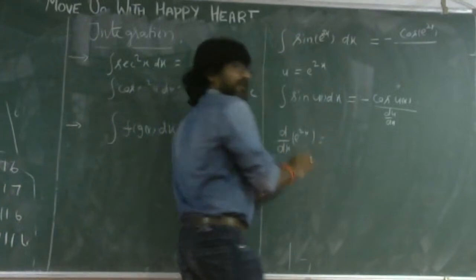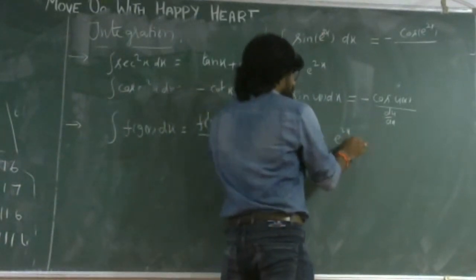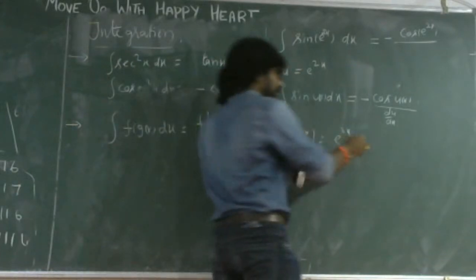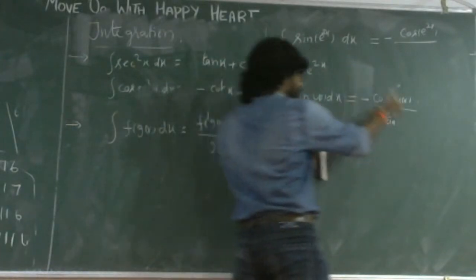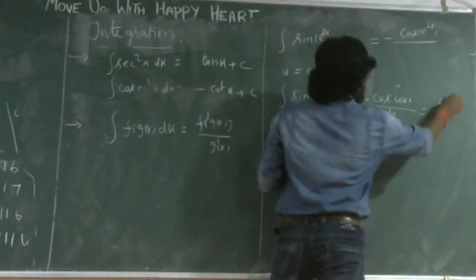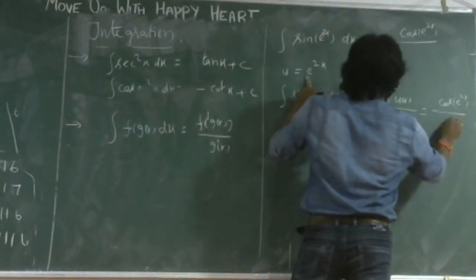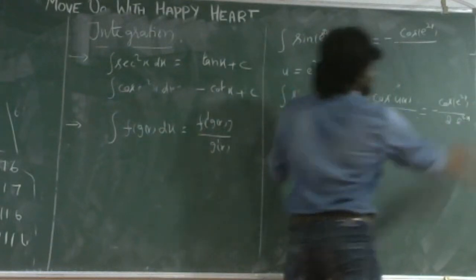The differentiation of the exponential function is the same, e power 2x only, but here one more factor is there, the 2, so that will come here. It is equal to 2 into e power 2x. So the answer is minus cos e power 2x divided by 2 e power 2x.